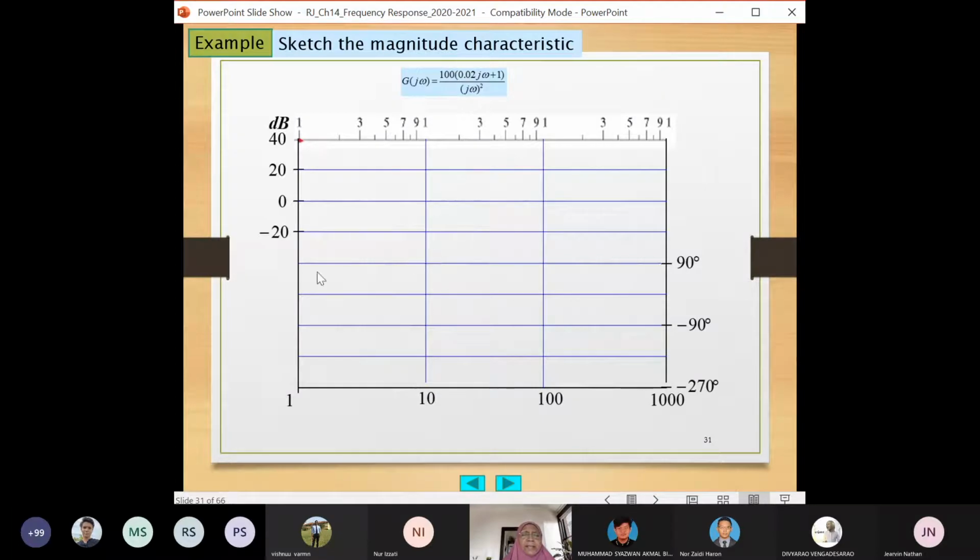The bottom part we designate for the phase plot. So we have angle. The top part is magnitude, so we span from 40 dB to -20. And here you will see the scale of the y-axis is linear. This is linear, 0, 20, 40. But linear in dB.